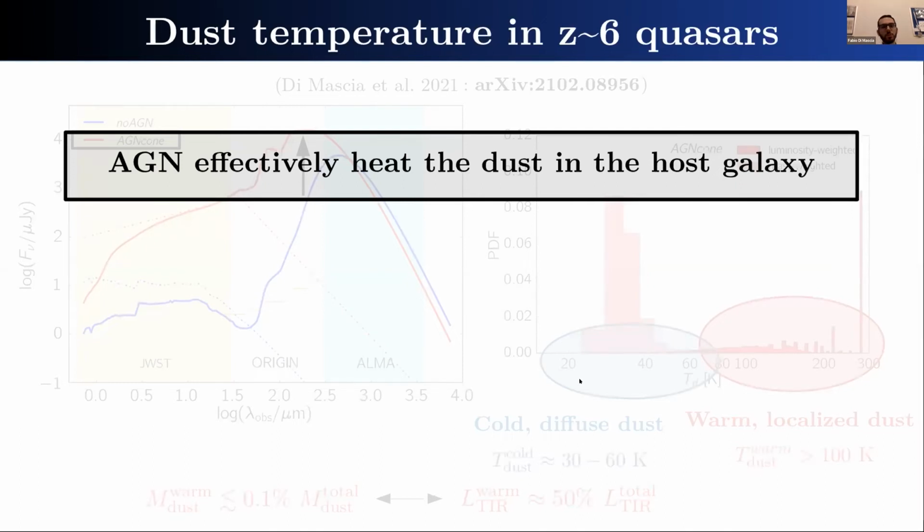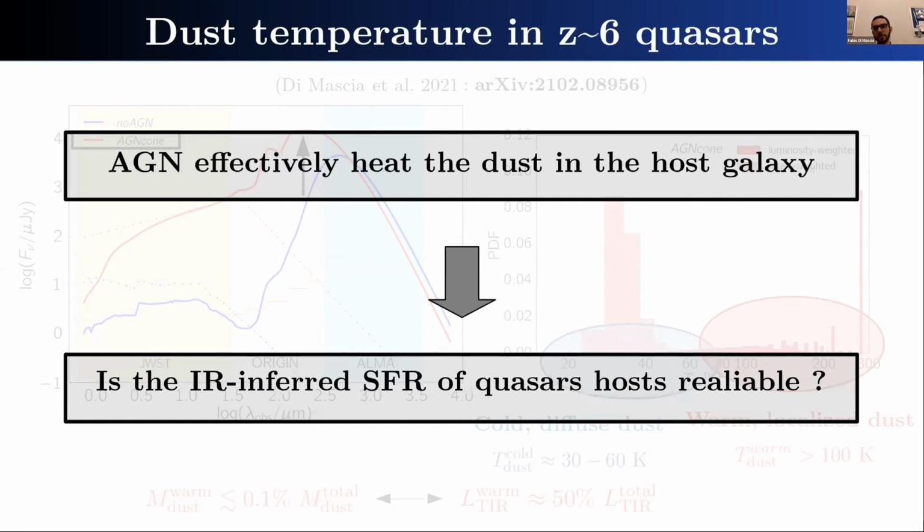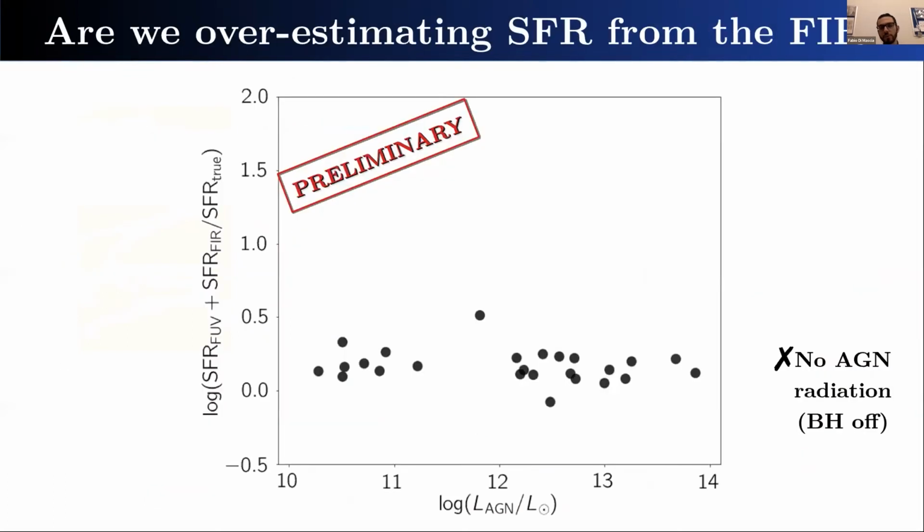And now a natural follow-up question would be, when we measure only the far infrared of these objects, of the quasar host, and we try to infer the star formation rate, can we actually say that this infrared emission comes only from dust heated by stars? In order to investigate this, I will show you these preliminary results.